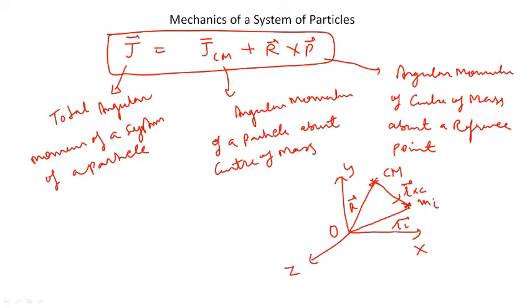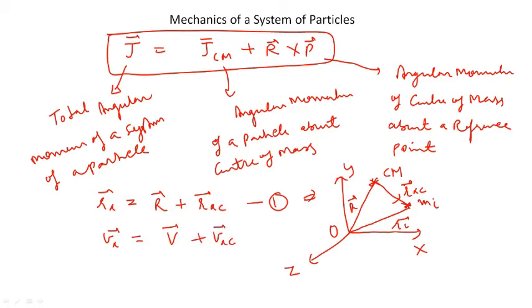From the vector addition law, if we see this diagram, we can write vector R_i is equal to R plus R_iC. Let us say it is equation number 1. Now if we differentiate this equation with respect to time, we can write this relation in terms of velocity also, and it will be V_i is equal to V plus V_iC.